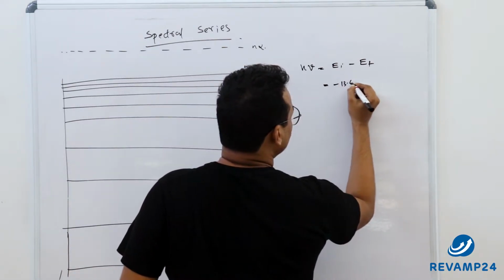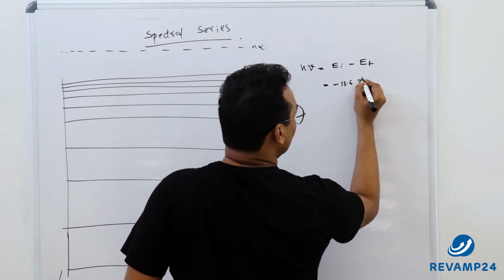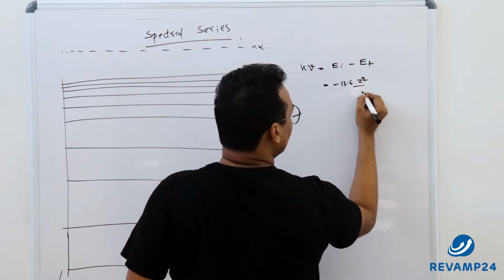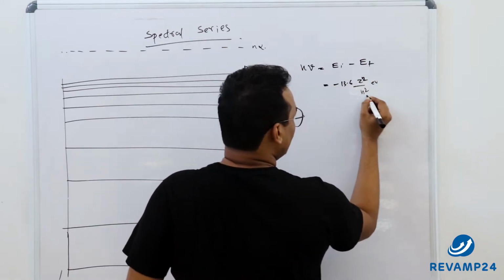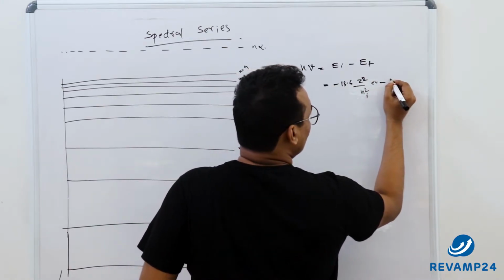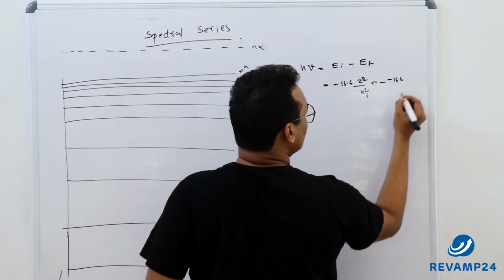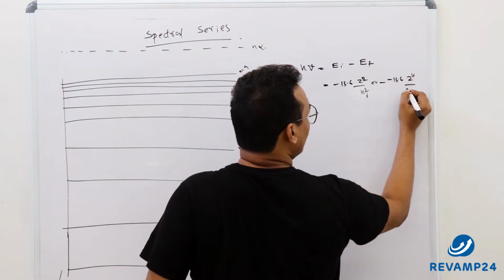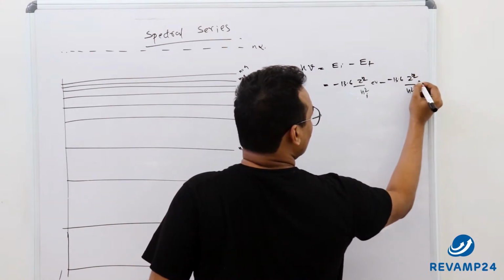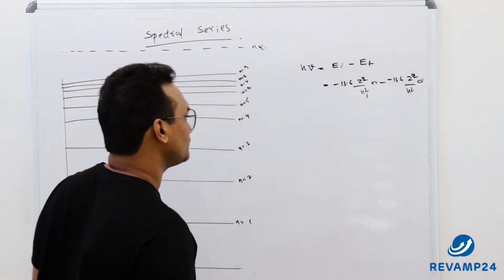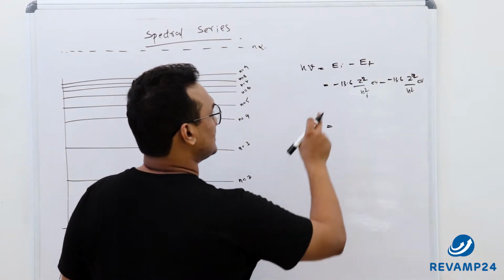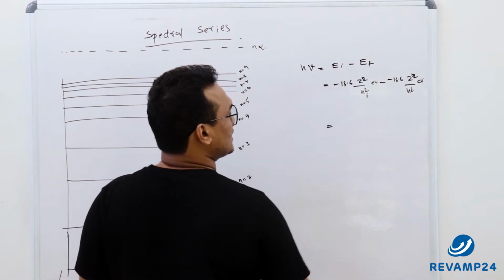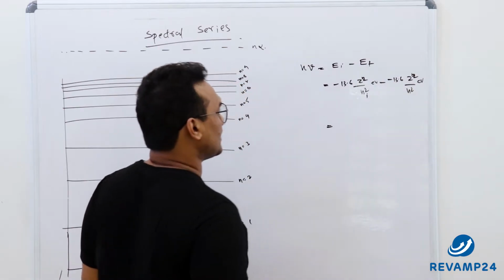Minus 13.6 into z square divided by n square, these many electron volts, for n initial. Minus 13.6 z square divided by n square, these many electron volts, for n final. So this one is the initial energy, this one is the final energy.